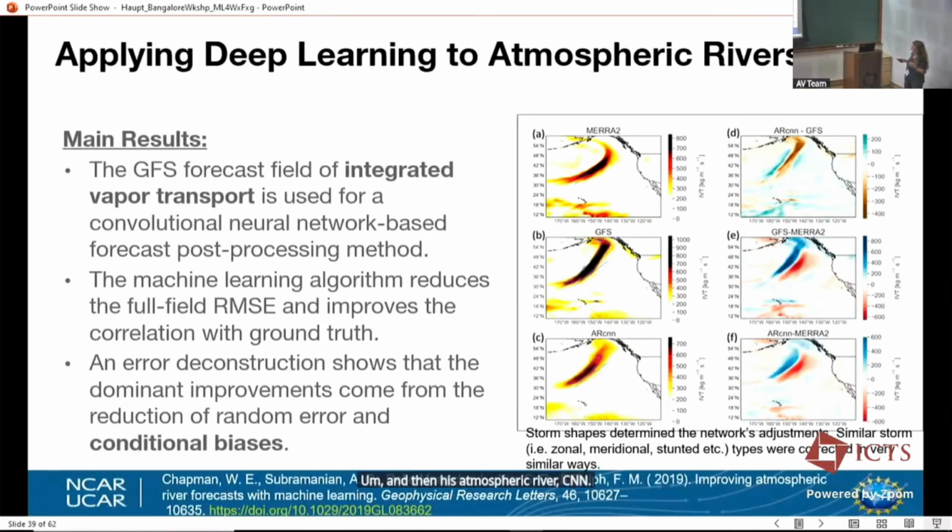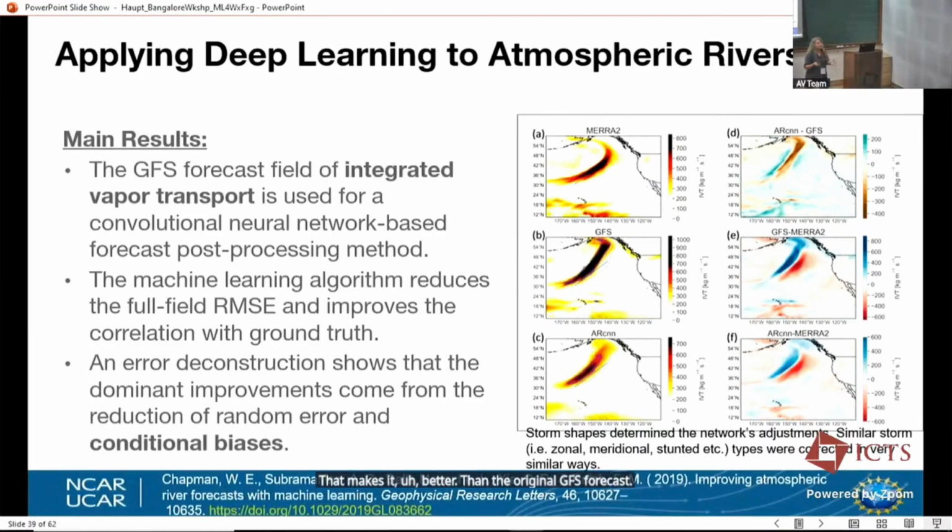Okay, what's really interesting is to look at the difference plots where the atmospheric river CNN minus GFS, it's done a phase shift. So it's more than just correcting amounts. It's able to phase shift entire patterns. When I saw this work, you can see this phase shift that makes it better than the original GFS forecast.